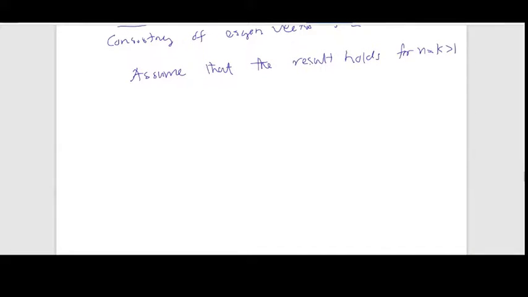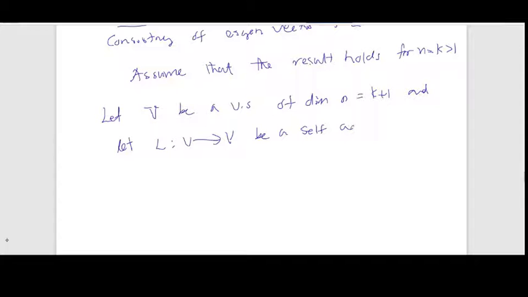Now let V be a vector space of dimension n, which is equal to k plus 1, and let L from V to V be a self-adjoint linear transformation.